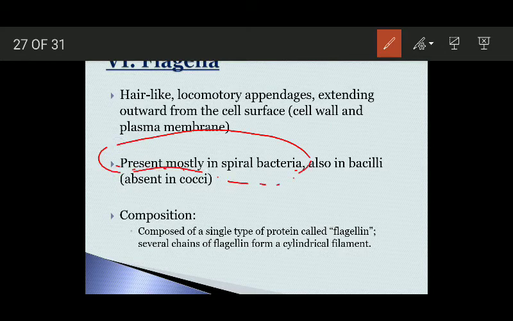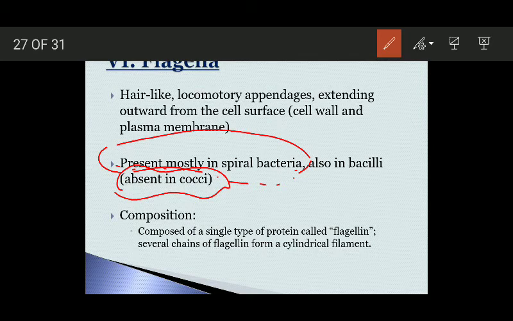They are also present in some bacilli, but they are exclusively absent in cocci. So one thing that you have to remember once and for all is that flagella are present in almost all spiral bacteria, also in some bacilli, but exclusively absent in cocci.